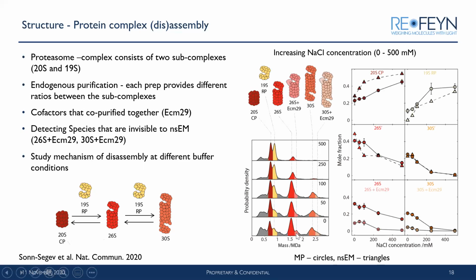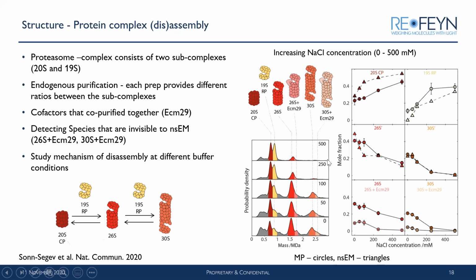This is the control, the mass histogram of the control, and we can quantify exactly which species are present, including the species with the cofactor. So we have the 30S with the cofactor ECM29, or the 26S with ECM29.